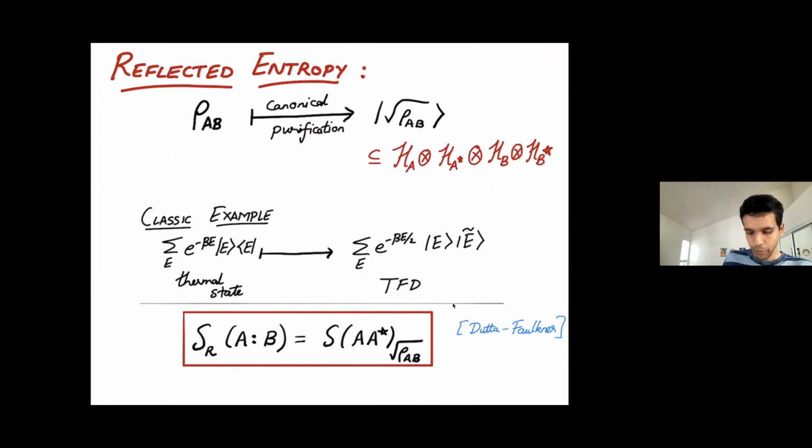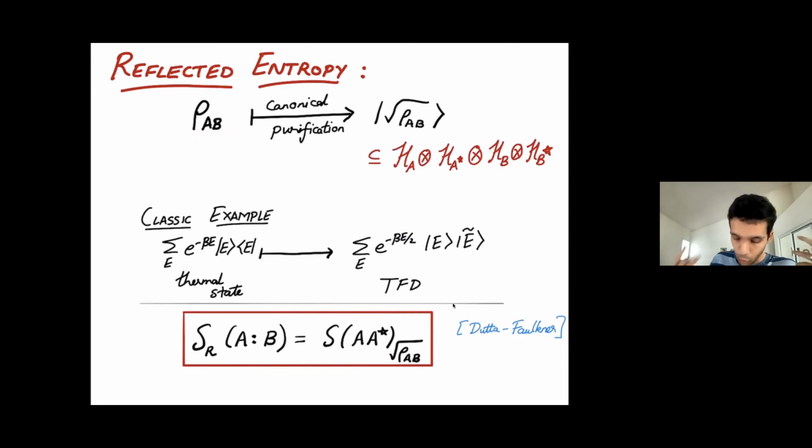The reflected entropy is defined for a bipartite mixed state, where we consider a density matrix on a system AB, rho AB, and we consider the canonical purification. We first consider the square root of this density matrix. The density matrix is an operator acting on the Hilbert space, which is a tensor product of A and B. So we take the square root and then think of the Hilbert space of operators.